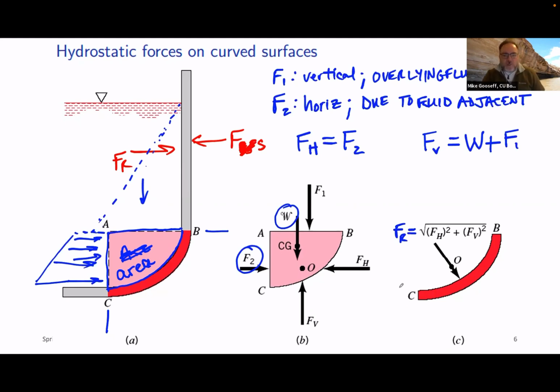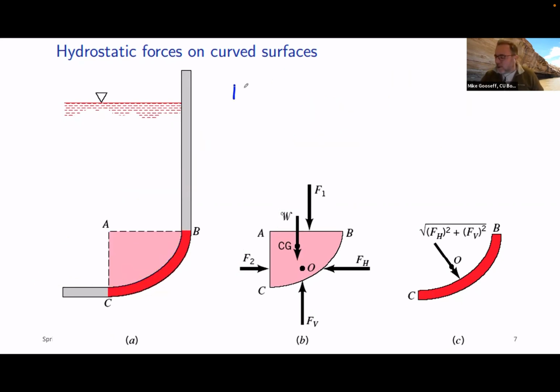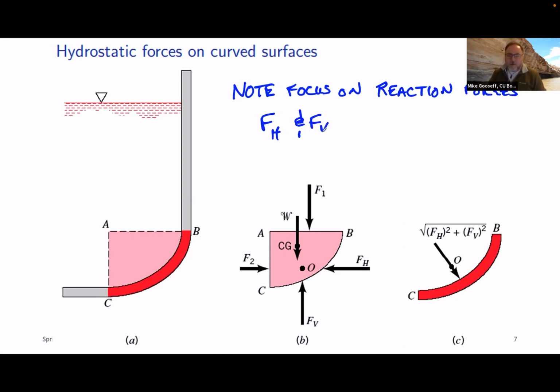One more point that I just want to emphasize, and I'm going to write it on here, is that I want you to note the focus on, in this case, we had the reaction forces FH and FV, and we didn't go trying to take the square root of the sum of these, of W, F1, and F2, okay?